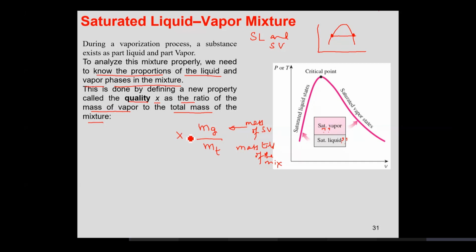Now, let's say this point over here is point 1, this point over here is point 2, and I am standing at point 1. At point 1, what would be the mass of saturated vapor?